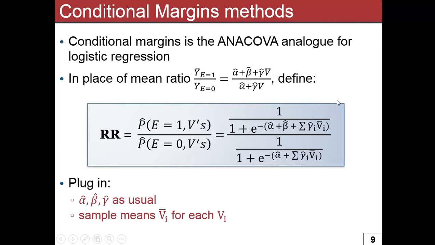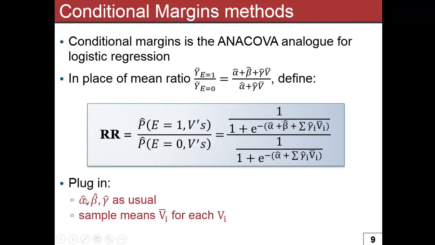This is just the logistic regression equation, and here we have exposure, here we don't. We're going to plug in alpha hat and beta hat and all these pieces as usual from the SAS output. Then we plug in the sample means of all of the potential confounders. So one simple best guess is to put in the mean for everything over here. So, e to the beta is just e to this beta hat.